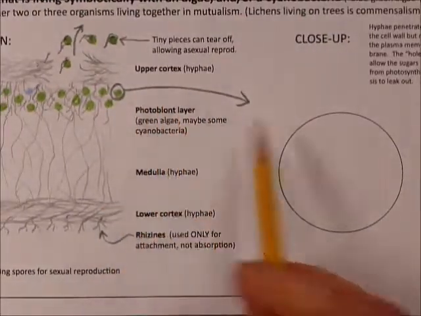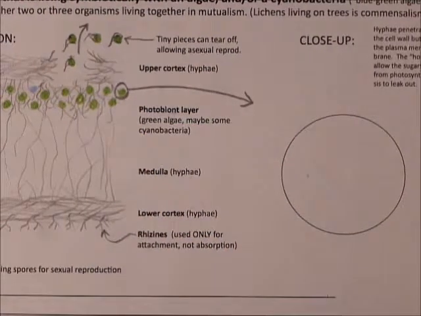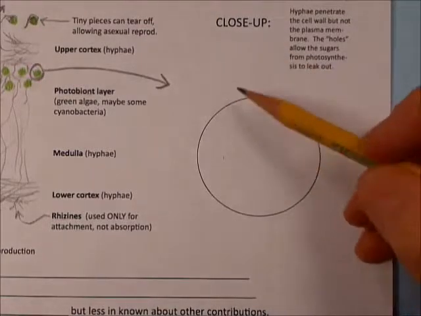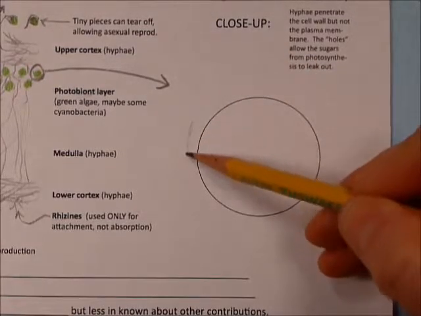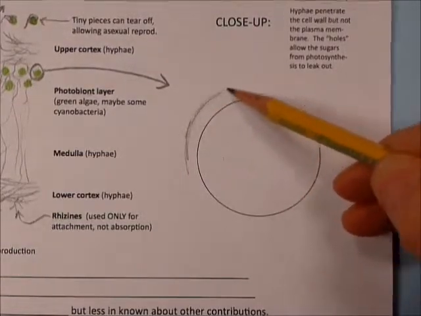So we know that this is a close-up of that green circle right there. Now, the circle that I've drawn is the plasma membrane of the algae cell. We need to add a cell wall, kind of like this, a little bit lightly here because we're going to erase little sections of it.